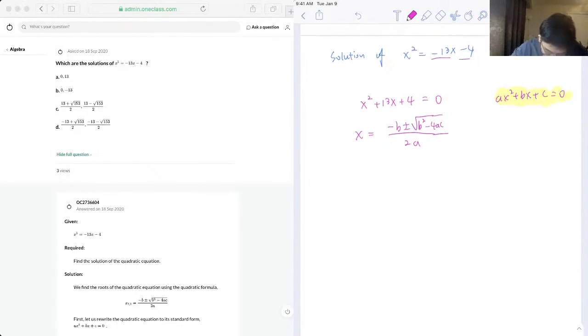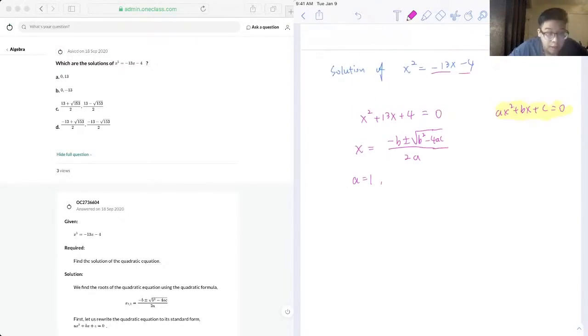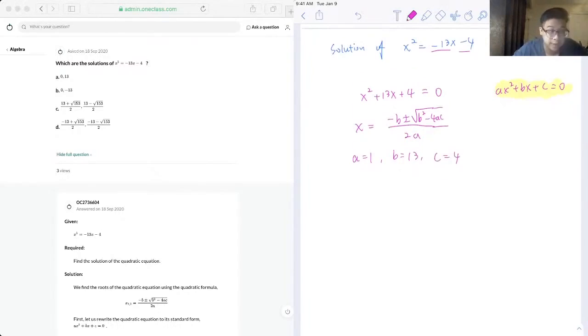So we know in this case a is equal to 1, because a, b, c are just the coefficients of these three terms. And b is equal to 13 and c is equal to 4. So let's substitute the numbers in.